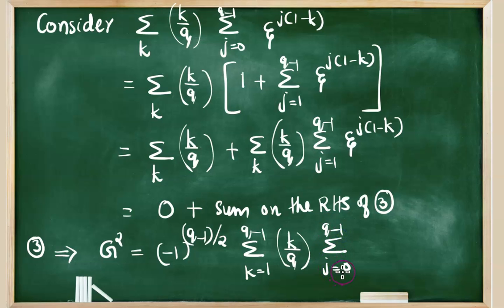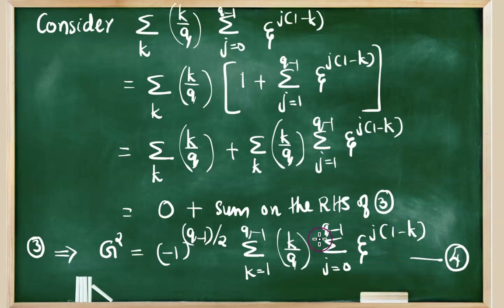We can write the variation from 0 to q minus 1 instead of the variation from 1 to q minus 1 as in equation 3. Here we can change the variation of j from 0 to q minus 1, zeta raised to j into 1 minus k. Let this be labeled as equation number 4.